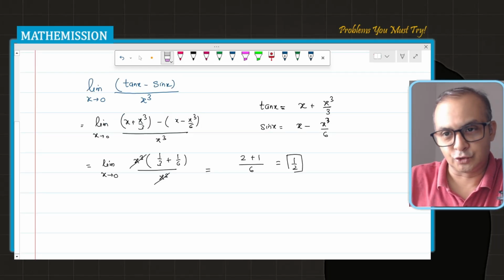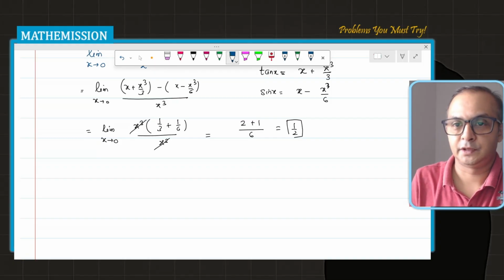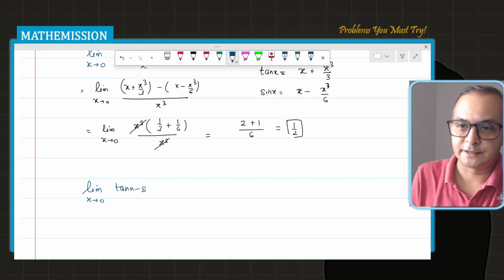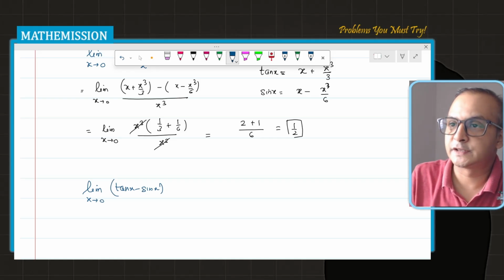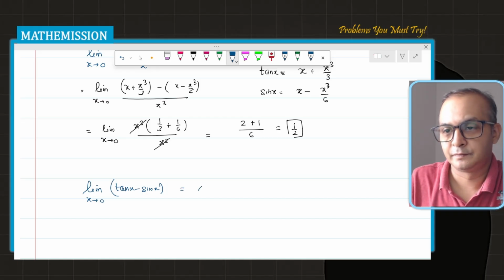Now I will suggest you memorize this result. We often encounter this kind of expression, tan x minus sin x, when x tends to 0, so what will happen? Instead of the series, we can also do better.